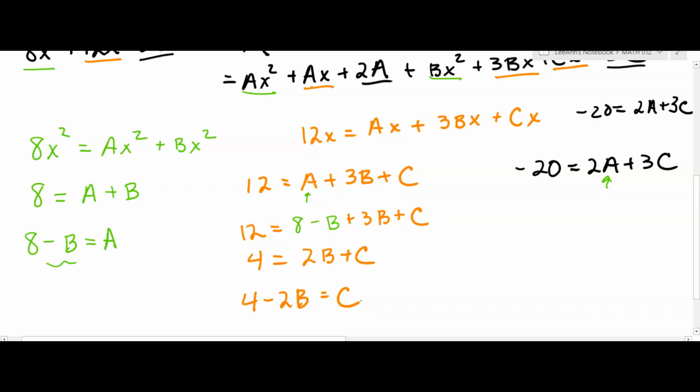There's other ways you could solve this system. You could put it in a matrix. I was trying to look for the easiest way. But I'm going to substitute the orange part for c. So then I'm going to get negative 20 equals 2 times that 8 minus b plus 3 times the orange part for c, this part right here, 4 minus 2b.